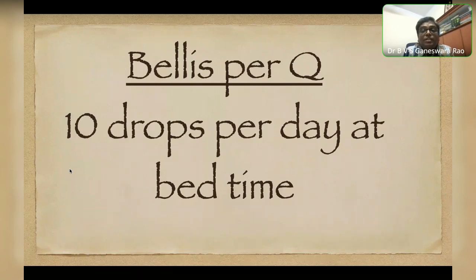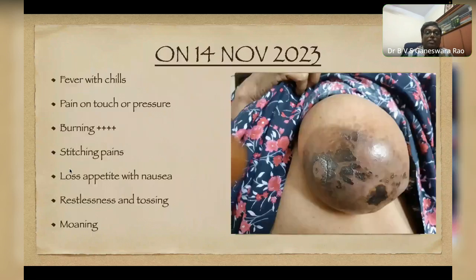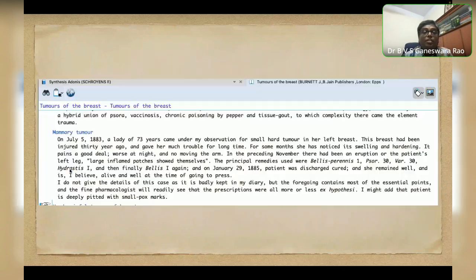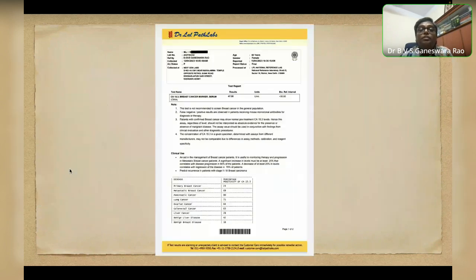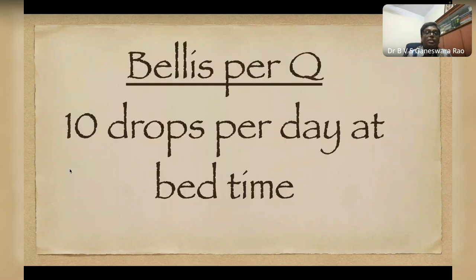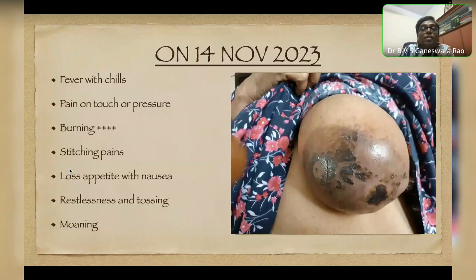Lower potencies, especially mother tinctures, 3, 6, will help much better. So Bellis perennis 30 drops per day, 10 drops at bedtime. The prescription was given on 15th April 2023. On 14th November 2023, this is the status.